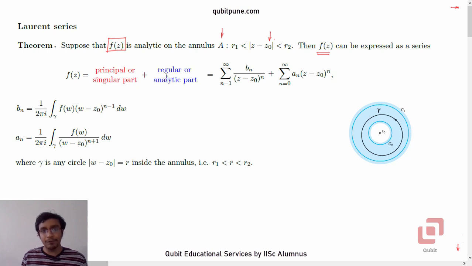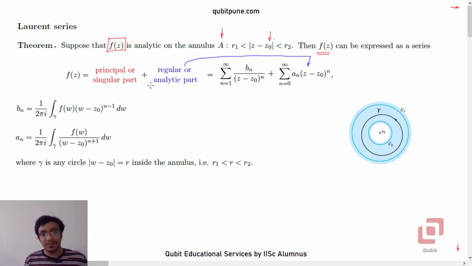First let us talk about the regular or analytic part. This part consists of non-negative integral powers of z minus z naught, which is what we were calling a power series: n takes values 0, 1, 2 till infinity, an times z minus z naught to the power n. Z naught is obviously the center of the annulus and also the center of the Laurent series.